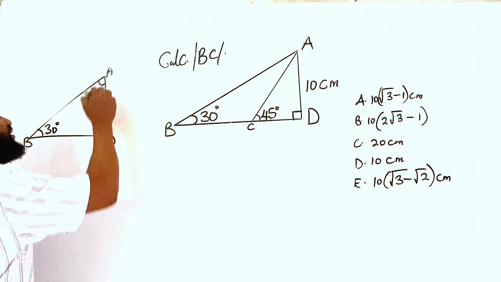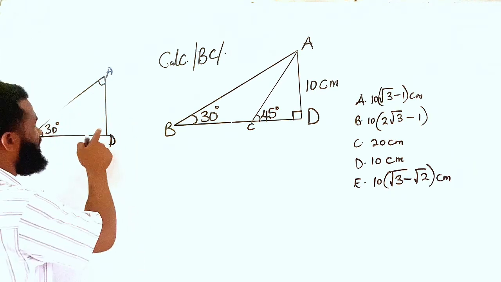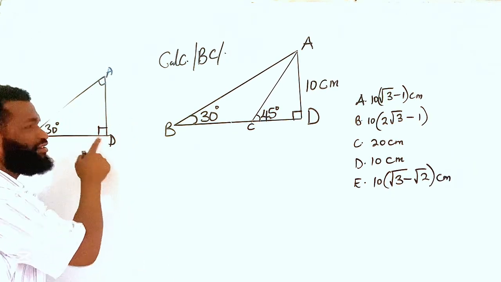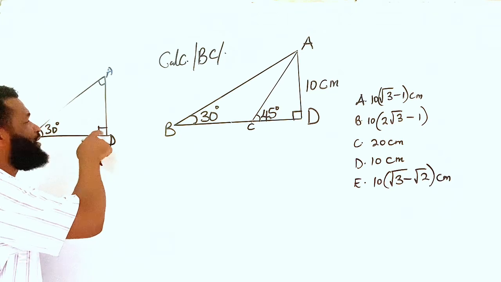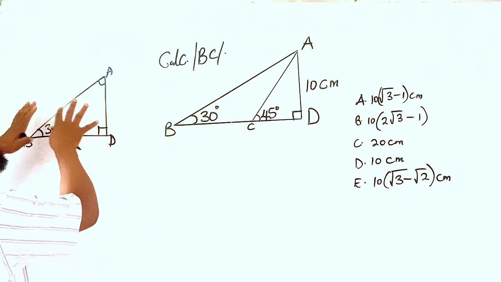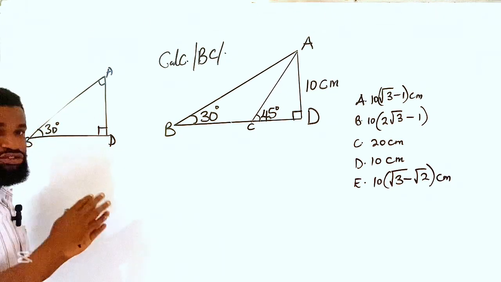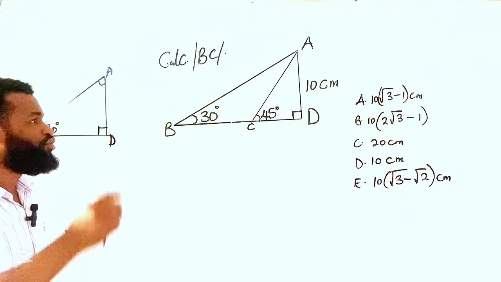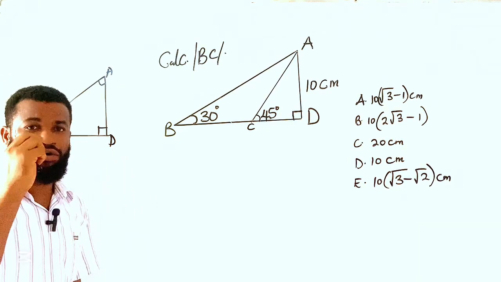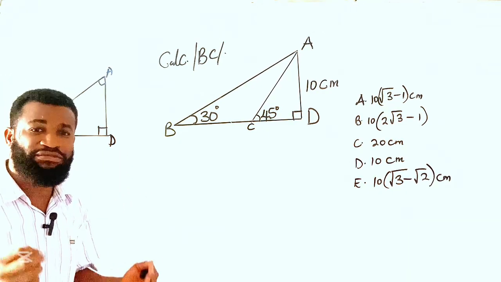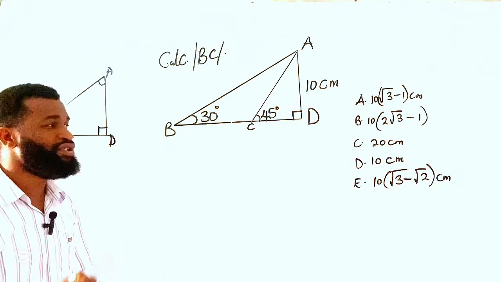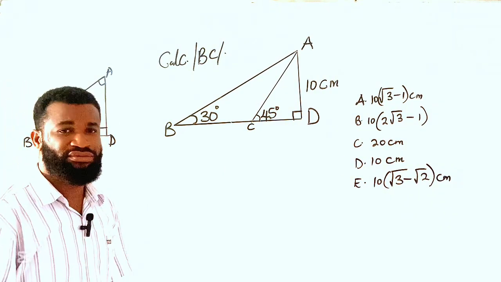I do not know this angle, but I can find it. But the angle here is what? 90 degrees. Provided there is an angle of 90 degrees, it has made this triangle ABD a right angle triangle. So the rule that must be applied to every right angle triangle is called trigonometric ratio.